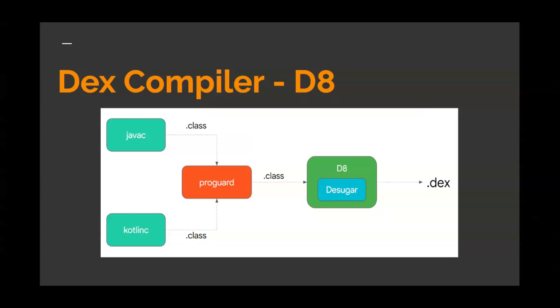The main idea was to eliminate the separate desugaring transformation and make it a part of class to DEX compilation, leading to faster build times. By using D8, you will get around 10 to 20% faster build times than using ProGuard. So this was a great tool for developers while building the application.